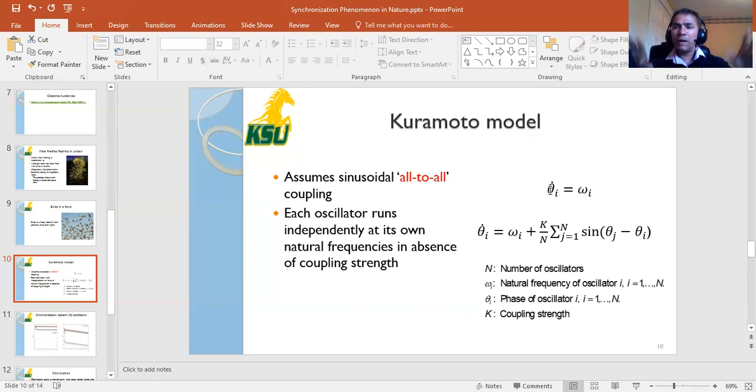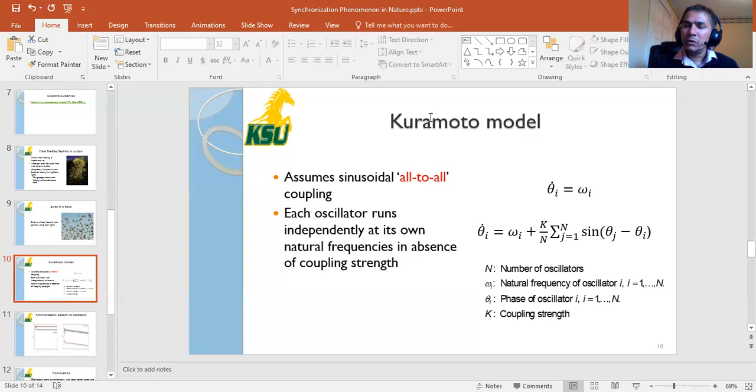If they are flashing independently, their individual flashing event is just related to their own frequency, with no connection to other fireflies. For that situation, we can use this simple relation.